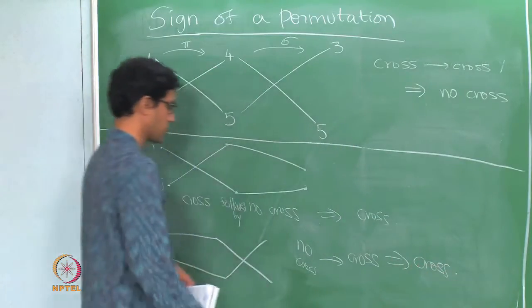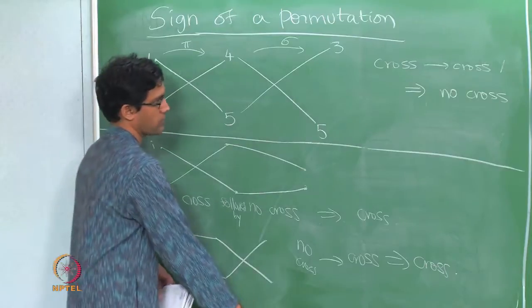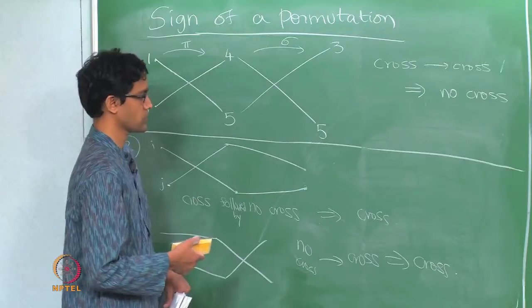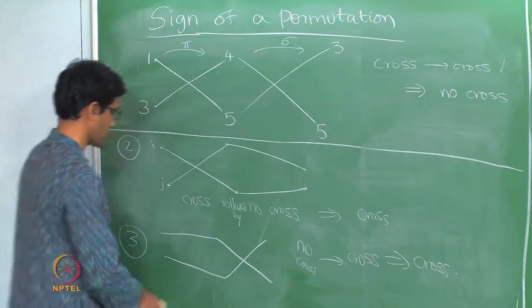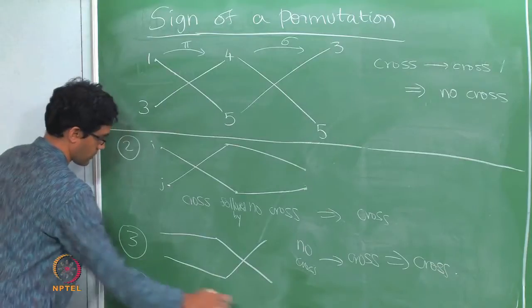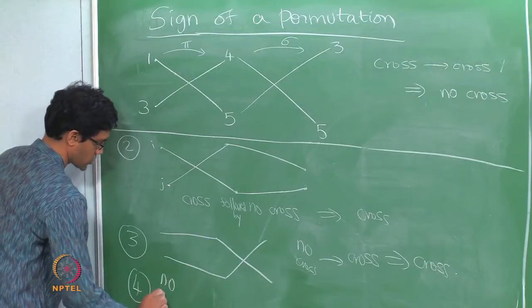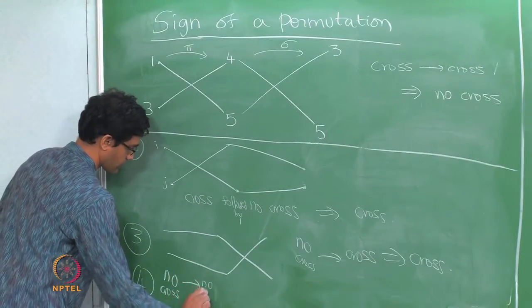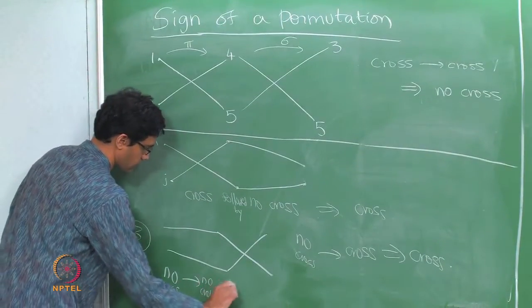And finally the fourth case where you don't have a crossing, I mean both pi and sigma don't give you crossings. When that happens you don't have a crossing in the end. So that's the fourth case, which is again no cross followed by no crossing, of course leads to no crossing.